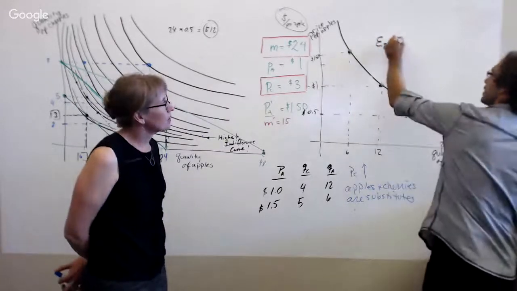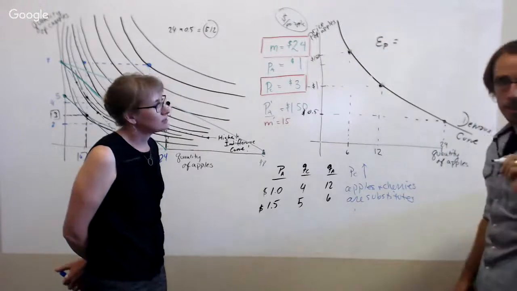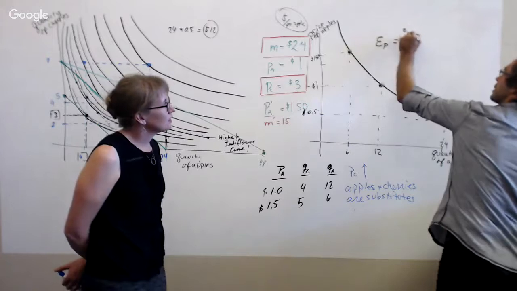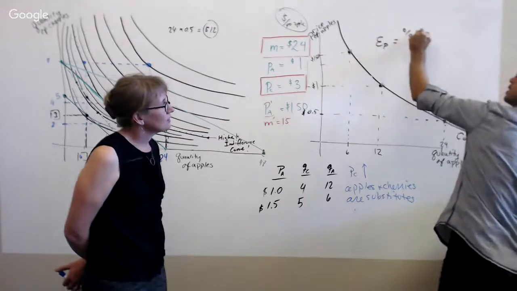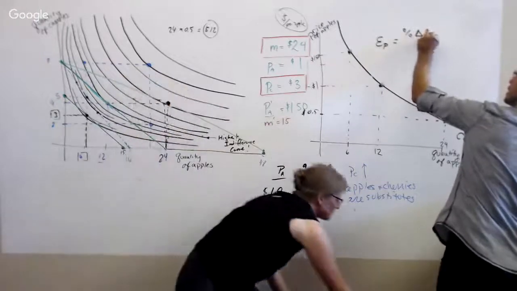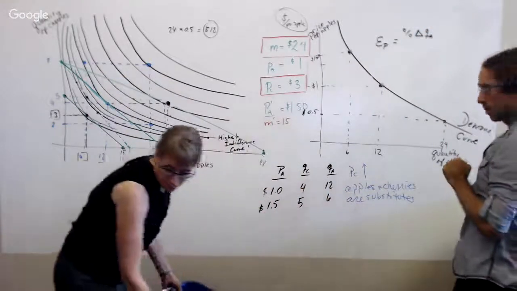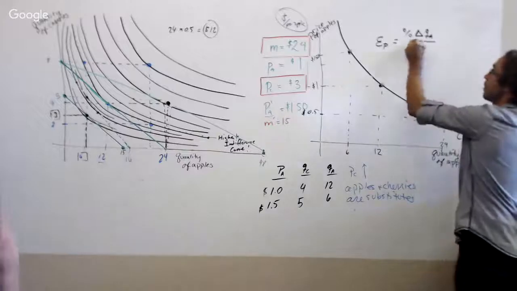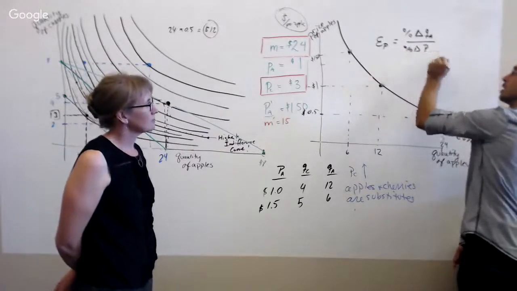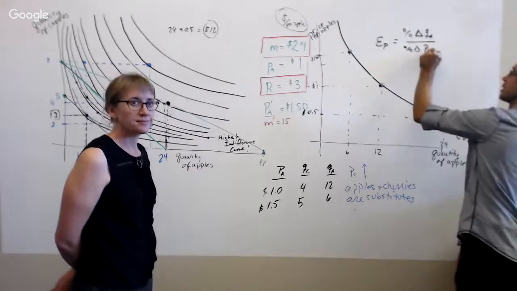I don't remember. I think so. Okay. It will be the percentage change in quantity. I'll write it like this: percentage, that's going to mean change, in Q_A, my quantity of apples, divided by the percentage change in the price of apples.